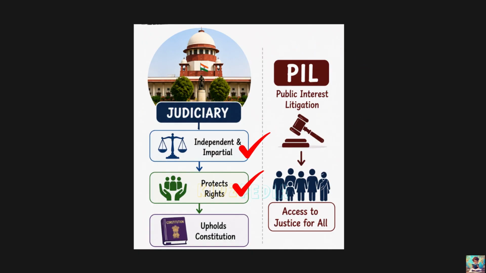So, the main idea is the judiciary protects the constitution and the rights of citizens. It checks whether the laws made by parliament and state legislatures follow the constitution. Since the judiciary is independent and impartial, it can protect people's rights fairly. It also helps people get justice through initiatives like public interest litigation or PIL.